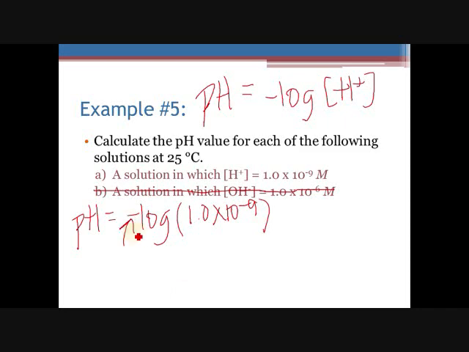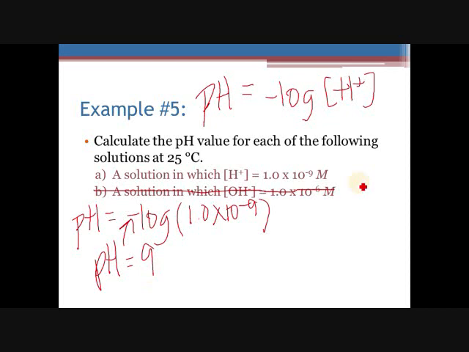Okay? So when I did this, I put in 1.0 EE negative 9, hit the log button, and I got a negative 9 as my answer. But then because of the negative sign in the equation, the pH is going to be a positive 9. There's no unit on pH, but we do have to round to those crazy sig fig rules, where the number of sig figs is equal to the number of decimal places.